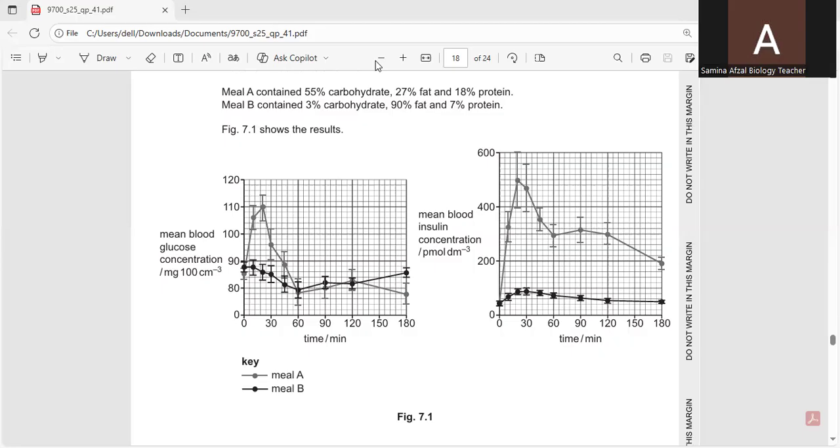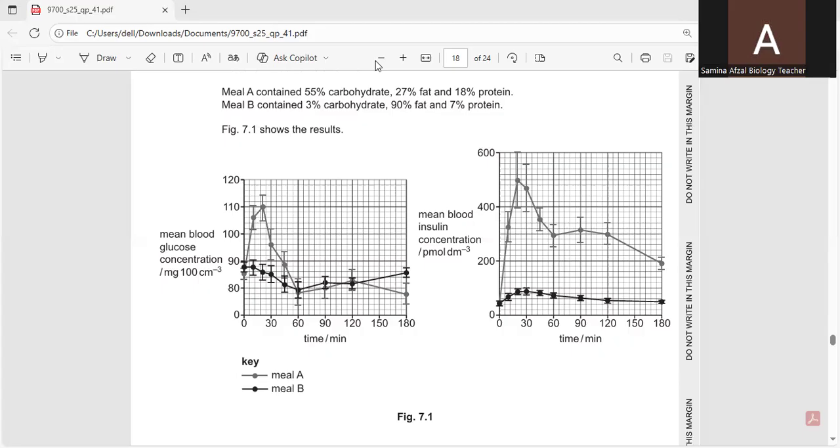In the first graph, you can see the mean blood glucose concentration in milligrams per 100 cubic centimeters. At zero, the glucose concentration was about this point, which shows the normal or set point of the glucose concentration in the body.